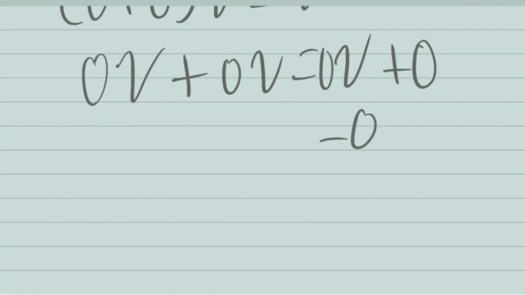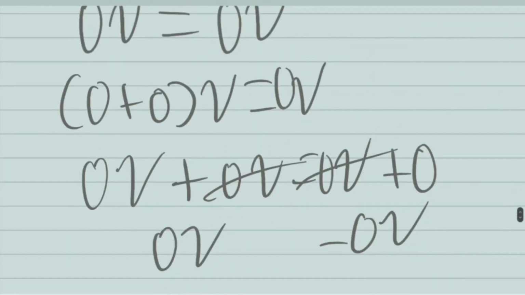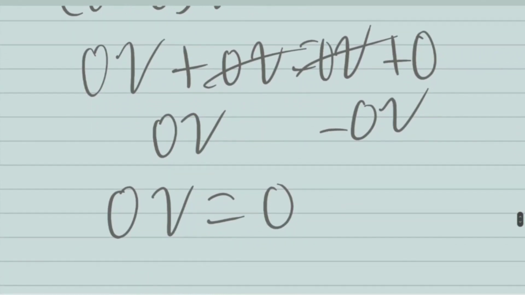And then we can just subtract 0 times v from both sides. And we get 0 times v equals our additive identity. All right. So we had to leverage the distribution rule to show that. And I'm satisfied with that.